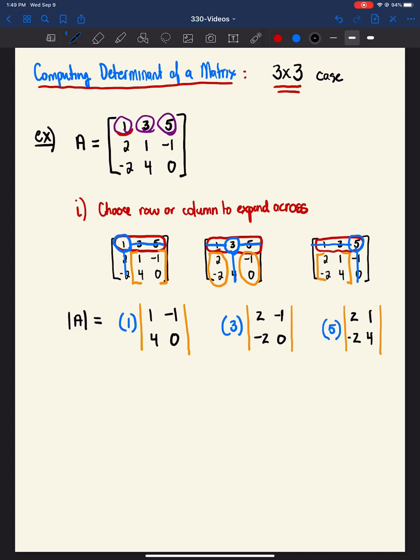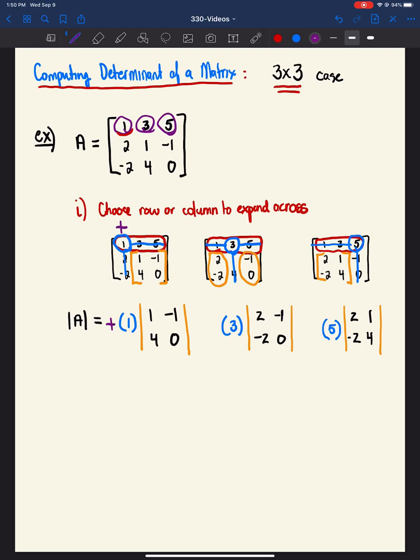Okay, so at this point, we have these products of some number and some determinant of a 2 by 2 matrix. But we have to be able to combine these in some way. So that's what we're going to do next. And the way in which we combine these is basically depending on if we are on an even row or an odd row. So for example, when we're expanding across an odd row or column, we use a plus sign in front.